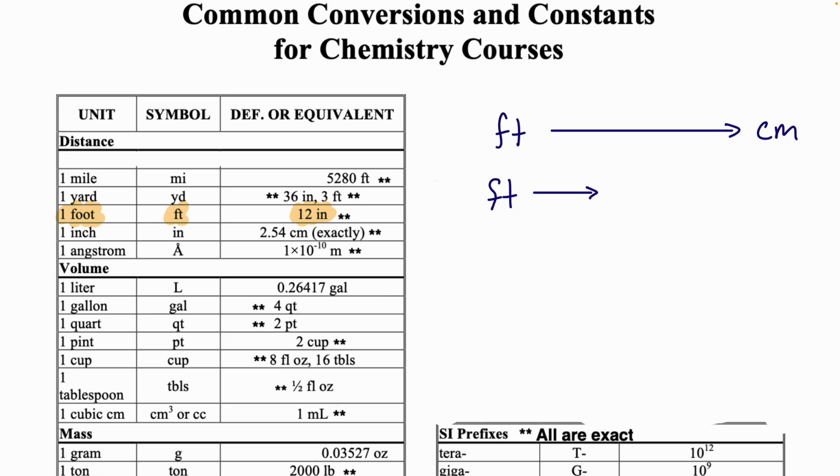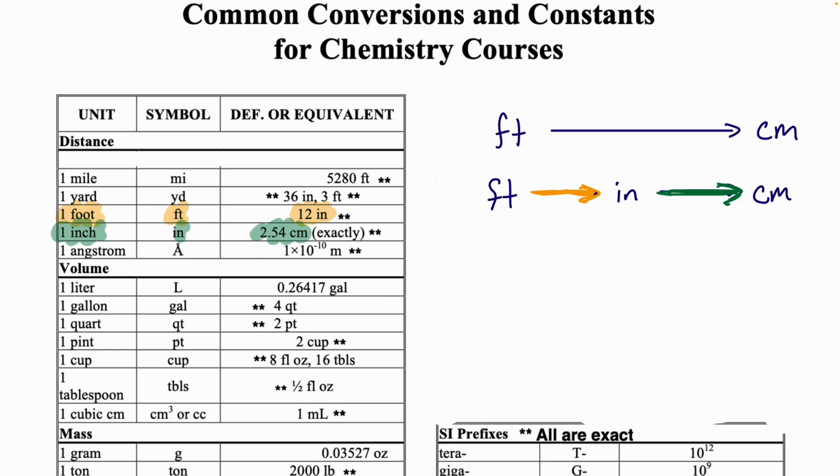And once I'm in inches, where can I go from there? Then I can use my second conversion factor, this orange one, to get from inches to centimeters, this green one here. That will require getting both conversion factors in your math.